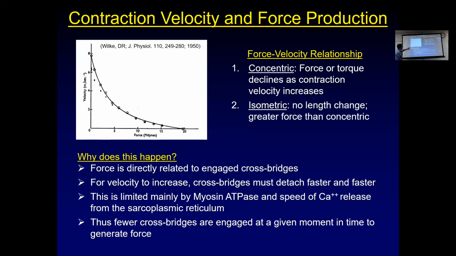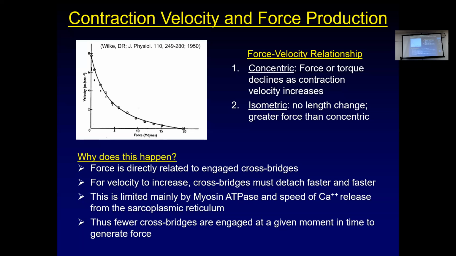What this shows is force production here and velocity here. When velocity is high, force is very, very low. When force is high, velocity is very, very low. That's the general take on all of this: the faster we go, the less force you're able to generate. I could take 10 minutes to explain the hows and whys and how that relates to cross-bridge dynamics, but it's not that important right now.